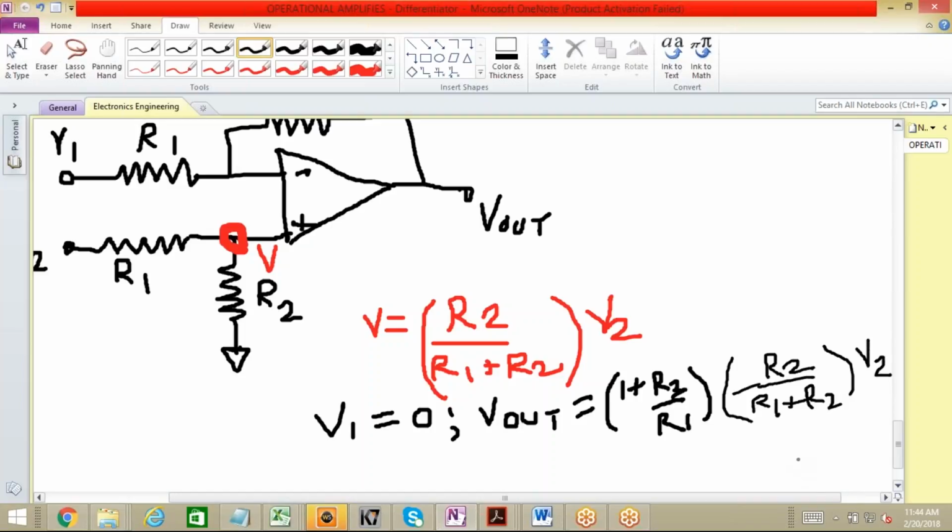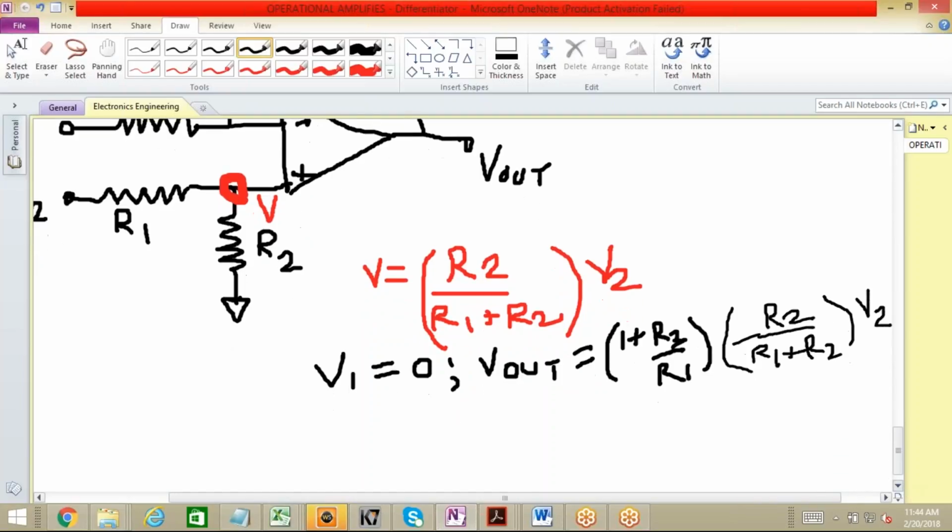Now if we write the entire equation in a different manner, here we are still considering that V1 is set to 0.